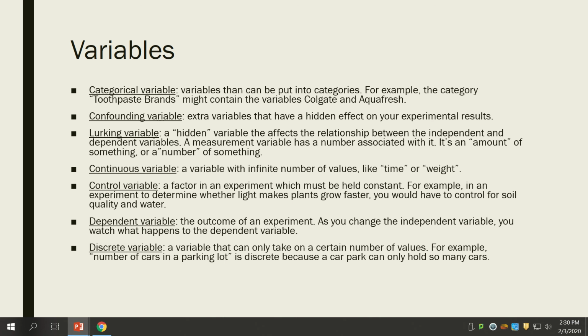Next thing, a continuous variable. So it's just a variable with an infinite number of values. So like time or weight or something like that. A control variable, a factor in an experiment which must be held constant. So frequently, well, I don't know.